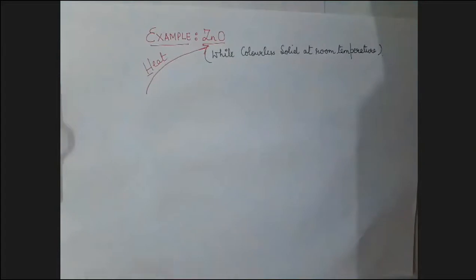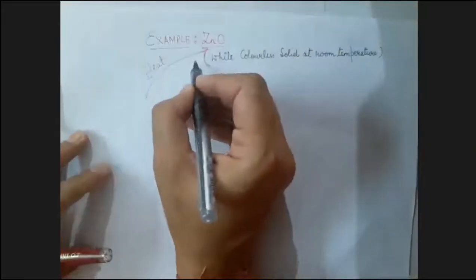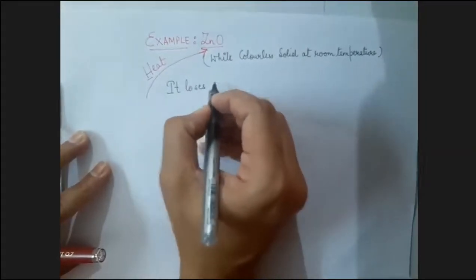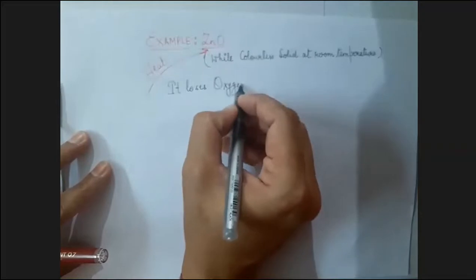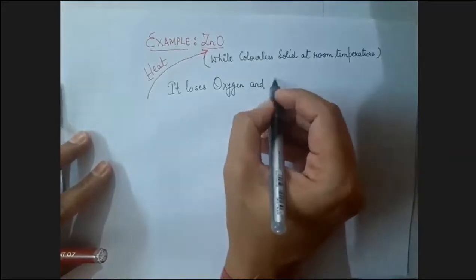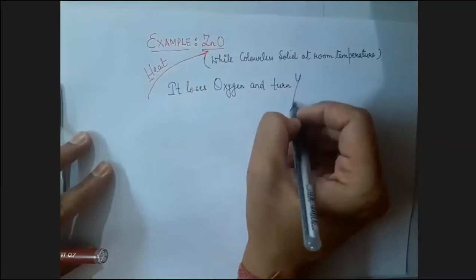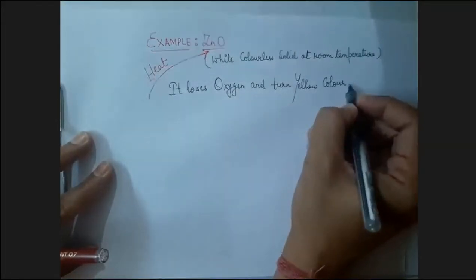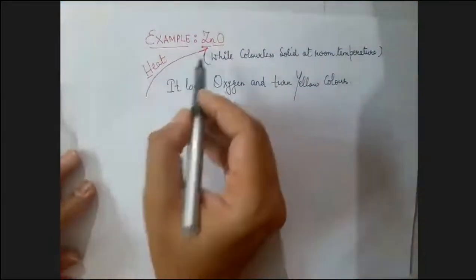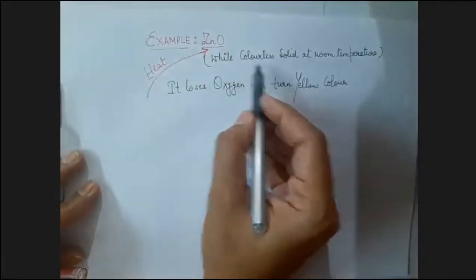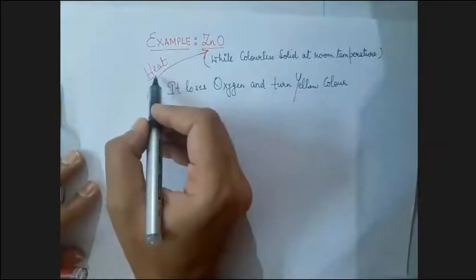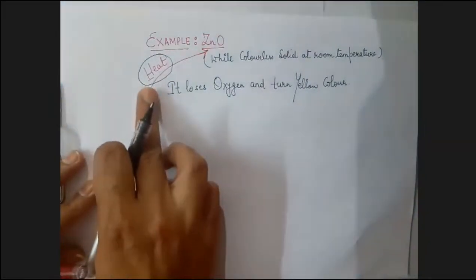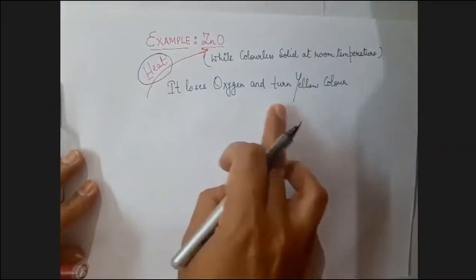When we heat zinc oxide, it loses oxygen and turns yellow in color. हमने जिंक ऑक्साइड लिया, व्हाइट कलर है, एट रूम टेम्परेचर. हमने उसको हीट किया. जैसे ही आपने उसको हीट किया, it loses oxygen and turns yellow.